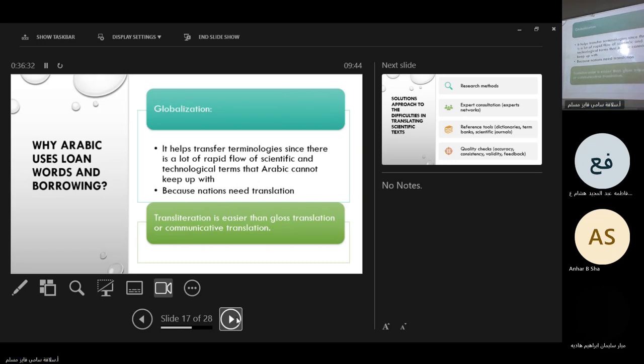Now, why does the Arabic language use loan words or borrowing? Because of two factors.